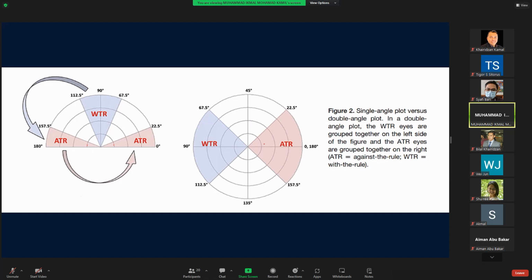However, if we put 1 diopter at 1 degree for the against the rule astigmatism, and 1 diopter at 179 degrees, we maintain this spatial relationship. They are near to each other in one group. So the analysis is more accurate with the double angle plot.